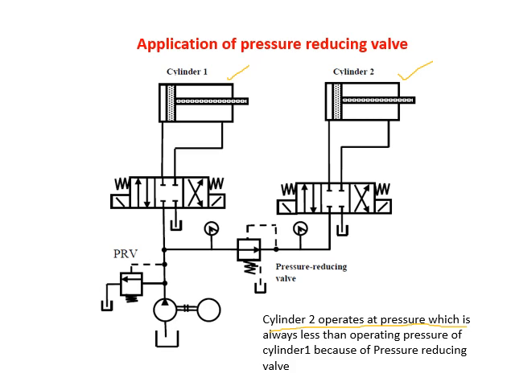So this is a high pressure operation, and for cylinder 2, that may be a low pressure operation. Just because of this pressure reducing valve, with the same pump you can achieve both operations in the same hydraulic circuit.